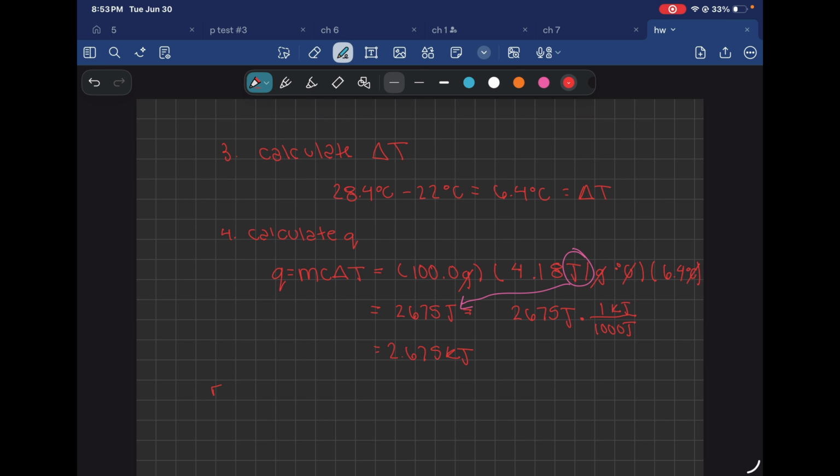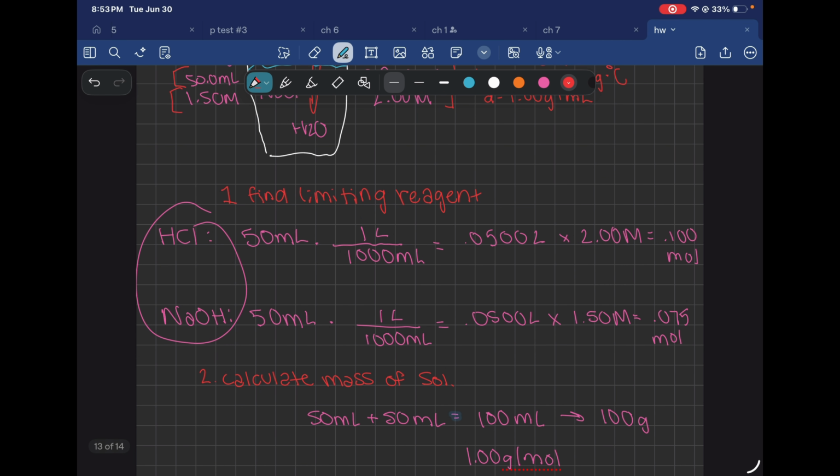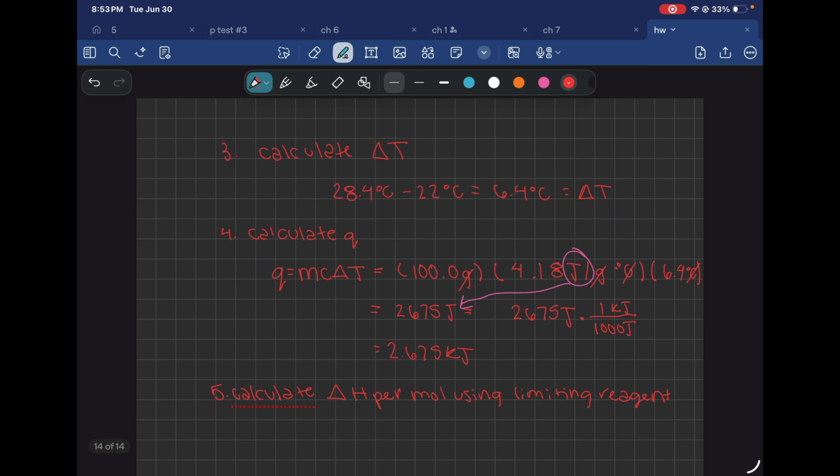Let me put our final step here. Calculate delta H per mole using our limiting reagent. We've already calculated our limiting reagent. It is NaOH, which is our 0.075 moles.